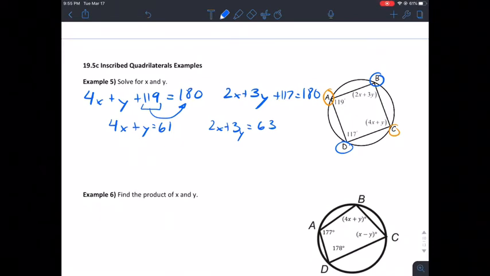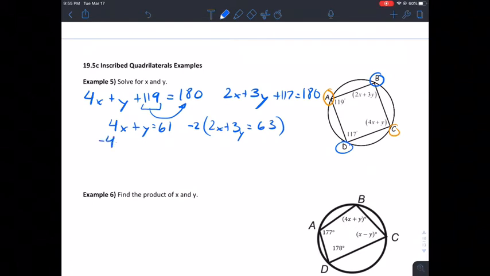Now, when I look at this and I'm trying to solve by elimination, I need to make sure that I multiply by something that is going to help me cancel out. I look at this and I want to multiply this one by -2, and rewrite it underneath the other one.